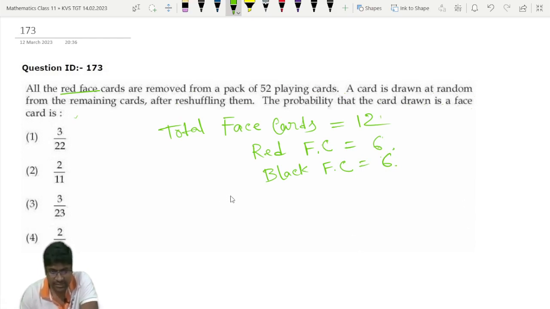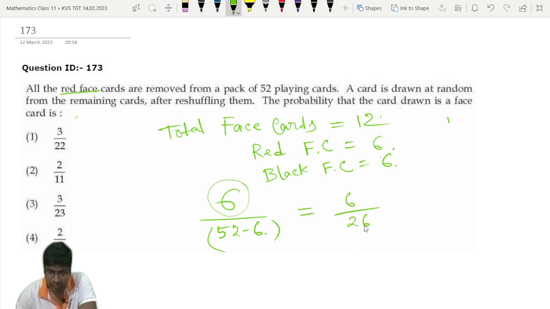Remaining face cards are 6. A card is drawn at random from the remaining cards after reshuffling them. The probability that the card drawn is a face card: the number of favorable outcomes will be 6 and the total number of outcomes will be what? 52 minus 6, because 6 cards we have removed. So that is equal to 6 divided by 46, that is equal to 3 by 23.